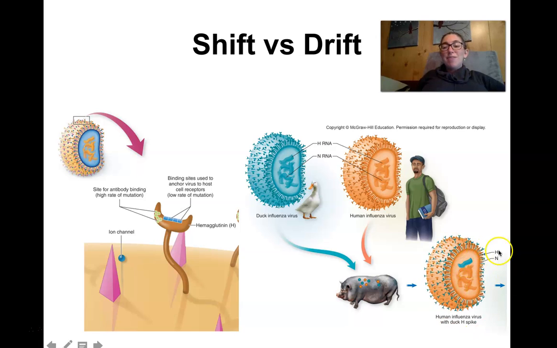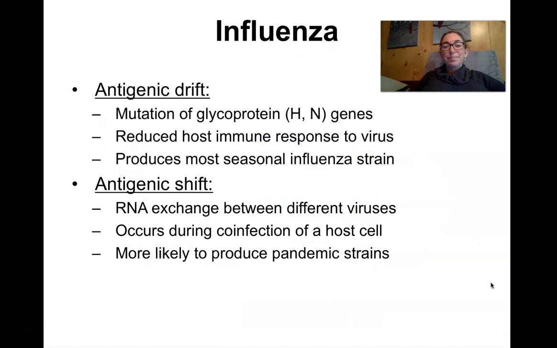And so now you have this new sort of hybrid virus that is very different. It's not just slightly different, but very different. So those tend to be particularly bad in terms of their effects on human health because, again, they're so new that nobody has natural immunity to it.